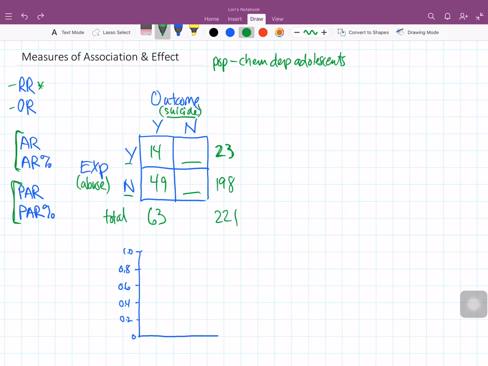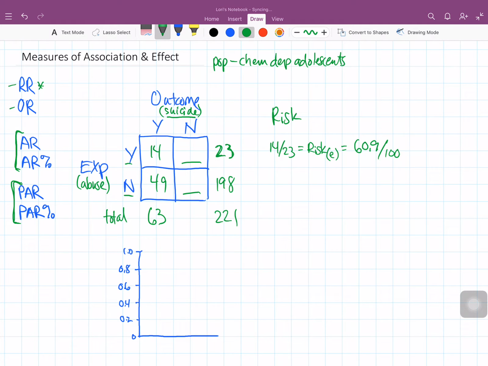If we were to calculate the risk for each of these groups, exposed and not exposed, the risk for the exposed, I'll just put 14 over 23, is equal to the risk, and I'm going to use a little lowercase e, risk sub e, is equal to 60.9% or 0.609. Either one of those is fine. Or instead of percent, you could say per 100.